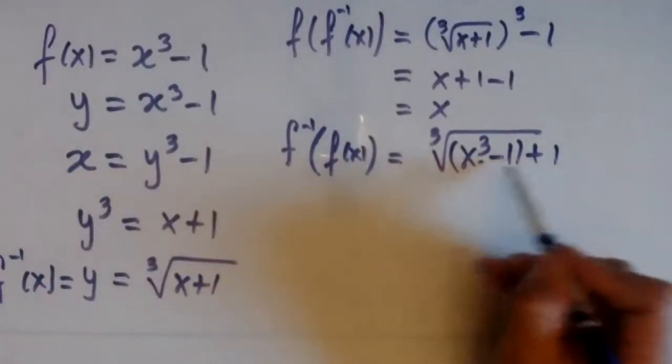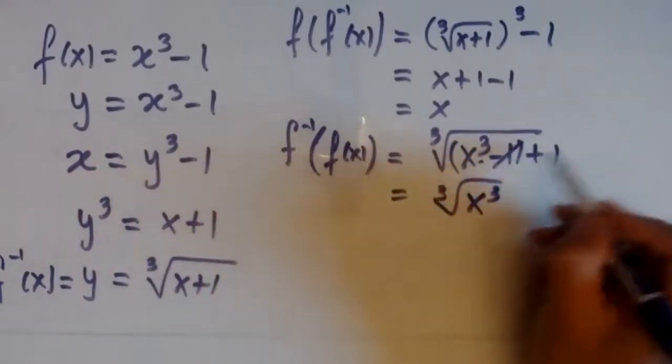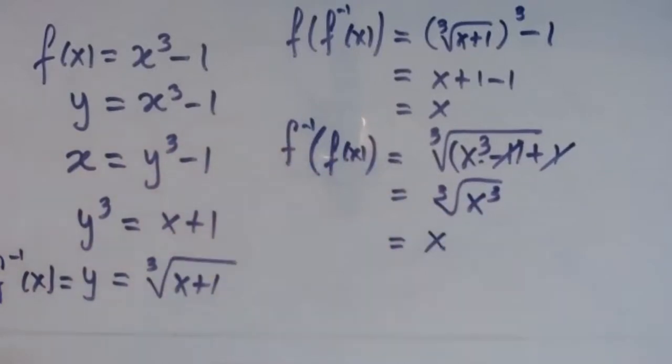Now we can cancel out the ones, and this is the cubic root of x cubed. And then the cubic root cancels with the cube, and we have x. So this is the way we check that it is the inverse. You did this before, so we are not going to do any practice about this one. The only thing is I want to show you how to get this graphically, right?